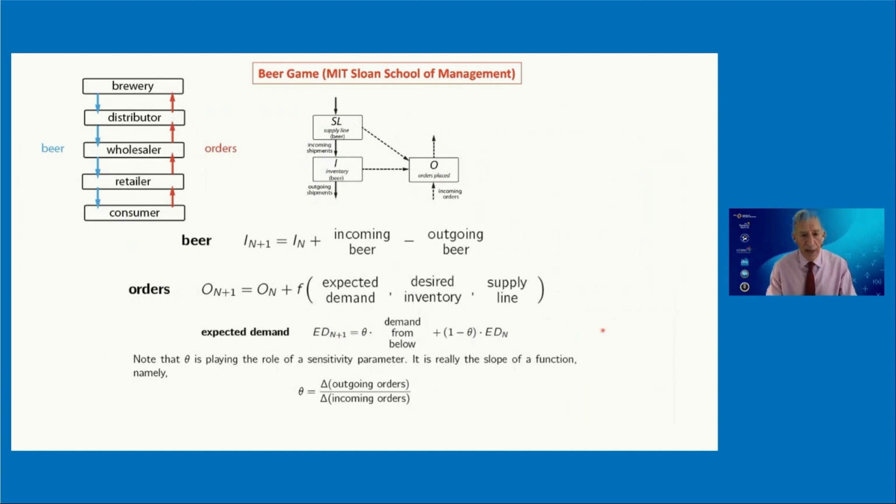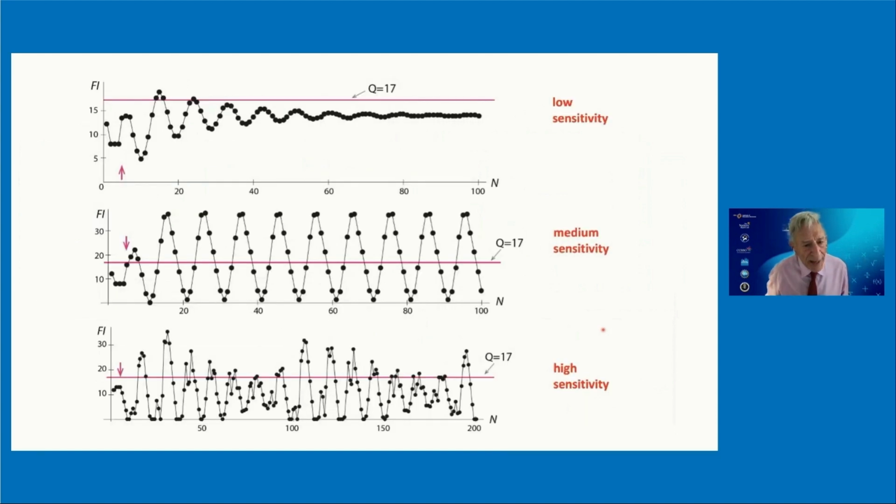And the question is, okay, consider this system, consider it in steady state. Beer is flowing in, orders are flowing out. Give a little perturbation, a little change in consumer demand. What is the behavior? Well, the behavior of this system is counterintuitive, but if you're familiar with supply chains, it's not so counterintuitive.